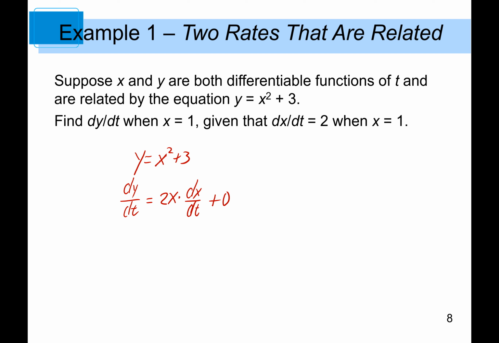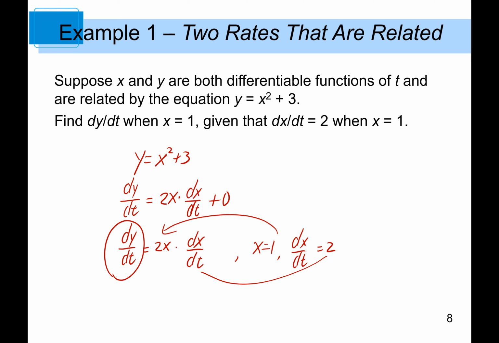So we end up with dy over dt equals 2x times dx over dt. Now since x equals 1 and dx over dt equals 2, just replace both with the given numbers. So you get 2 times 1 times 2, which is 4. That means the change of y over time t is 4 units.